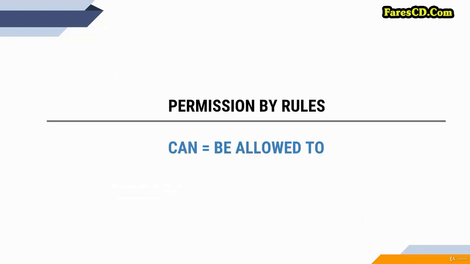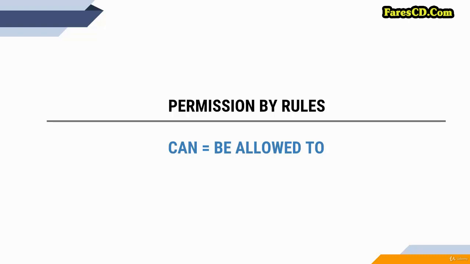Remember these: can or be allowed to do something. These are the two forms that you can use when you need permission by some written or spoken rules. In the past, can becomes could, and be allowed to becomes was or were allowed to.